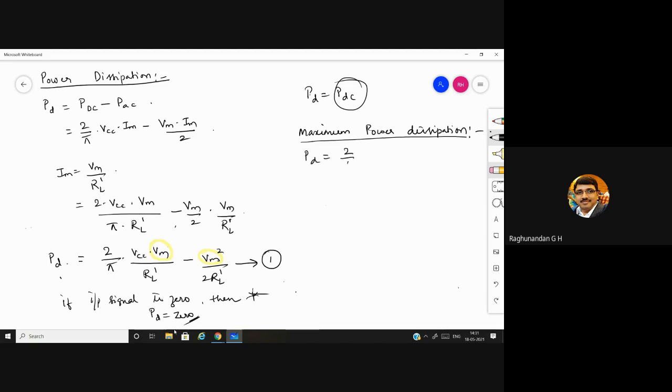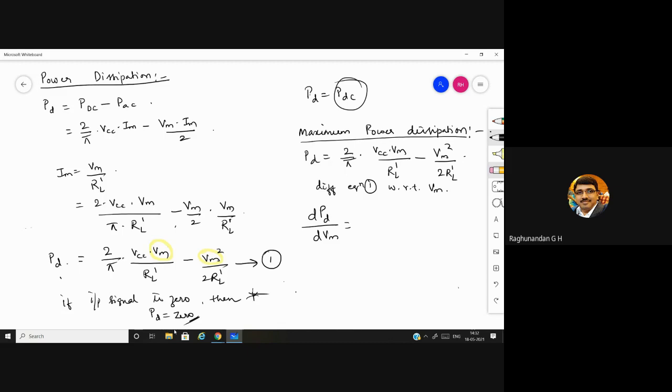Pd is equal to 2 by pi into Vcc into Vm by RL dash minus Vm square by 2 RL dash. So now differentiate. We have taken this as equation 1. So differentiate equation 1 with respect to Vm. When we differentiate this, dPd by dVm is equal to, all are constant.